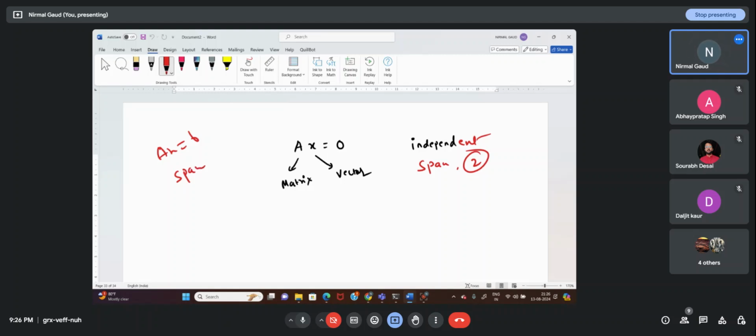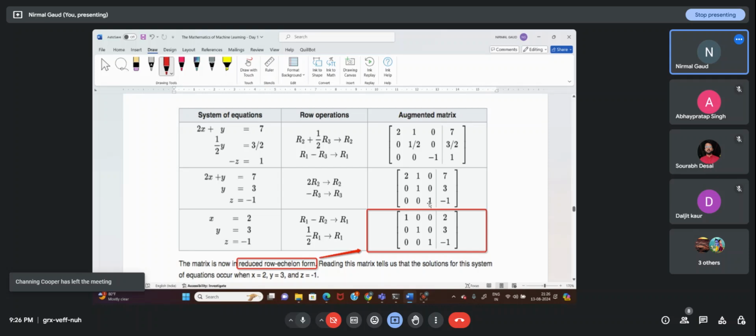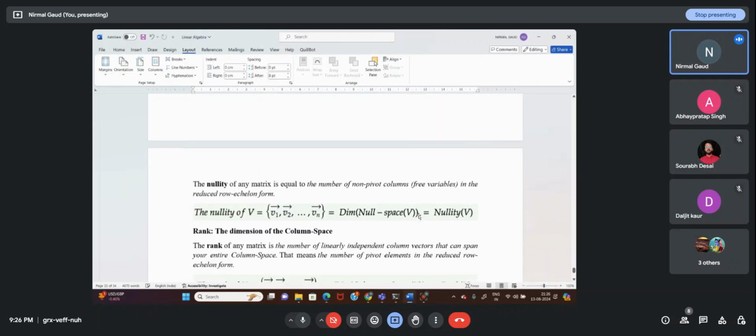If B is present in the span, then a solution exists. But if B is not present in the span, then there is no solution. This is what it is telling.